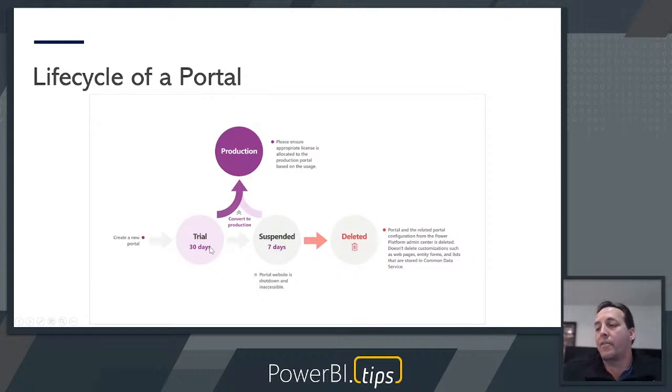If you get past that 30 days and you're not quite ready to convert to production for whatever reason, either you don't want to, or maybe you're procuring licenses, it goes into a suspended state. If you go past the 7 days, then you go into a deleted state. The funny thing about the deleted state is that it deletes the portal and your basic configuration around it.